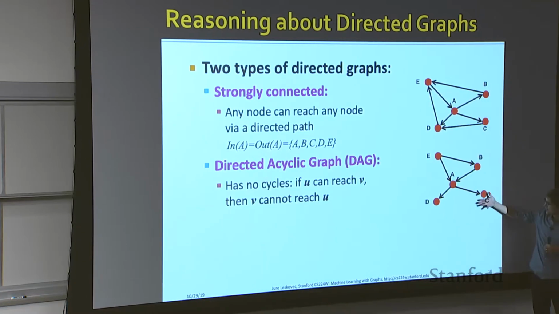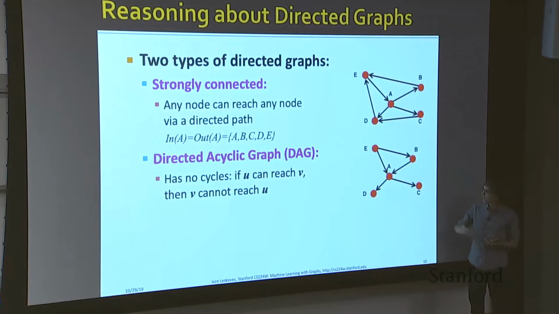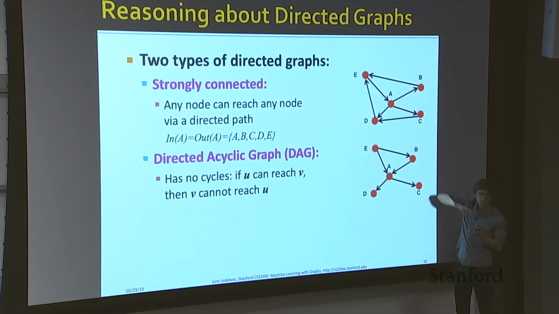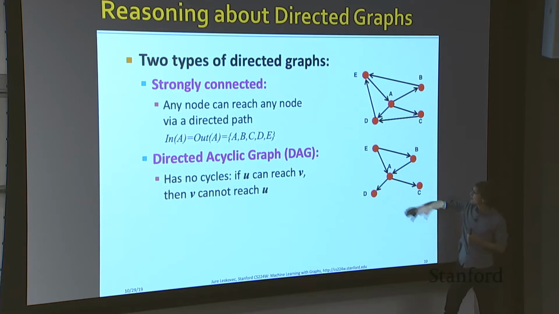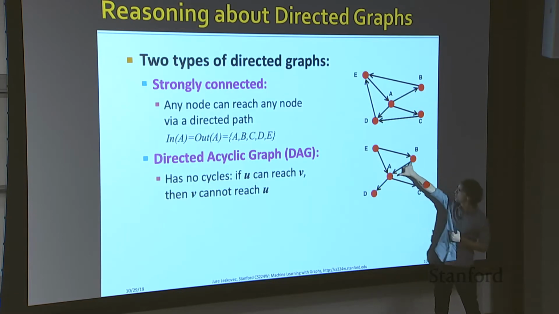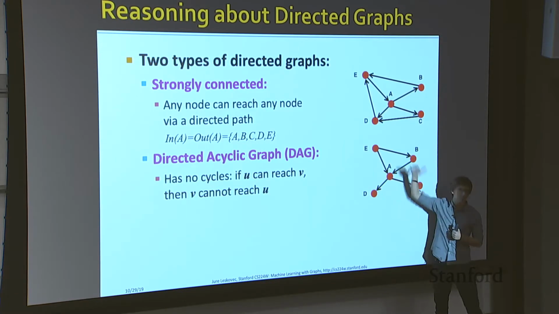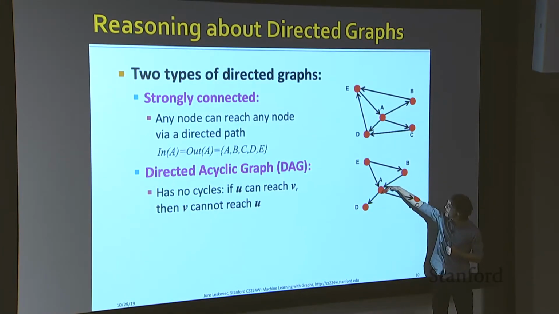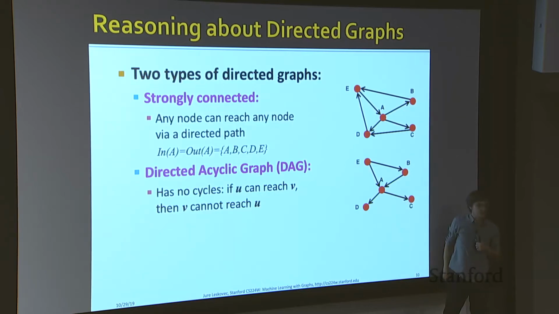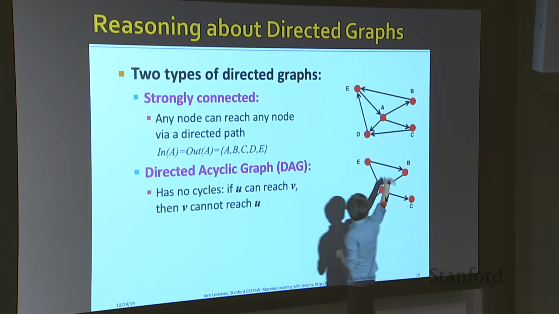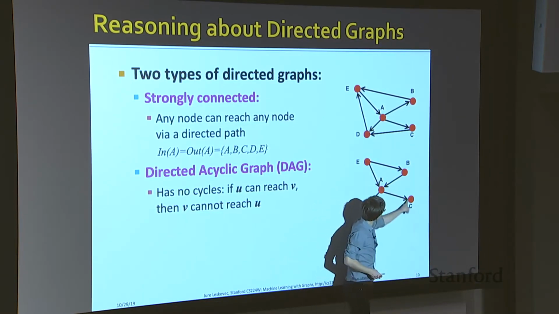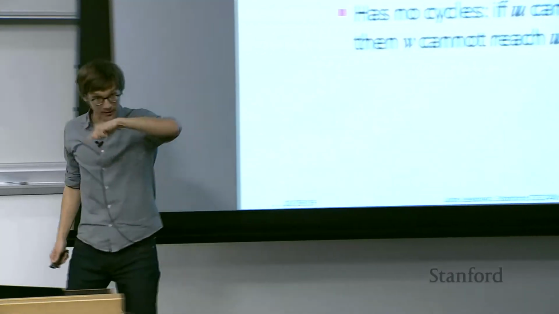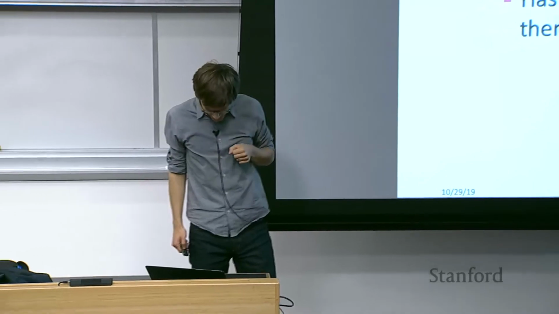You can think of it as a generalization of the tree, where any node can go to its parents, but you can never navigate to a child. So you can go from E to B and A, and then to C and D. But you see there are no cycles here. I can go one way, I cannot go the other way. If it were a cycle, I could just cycle on the cycle.